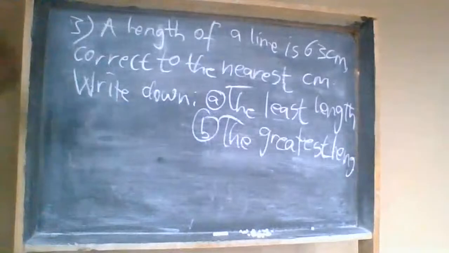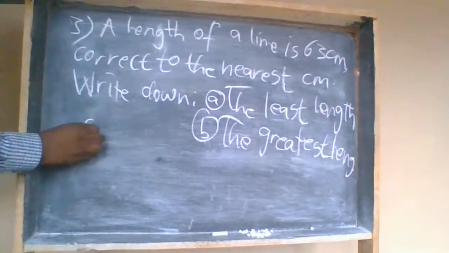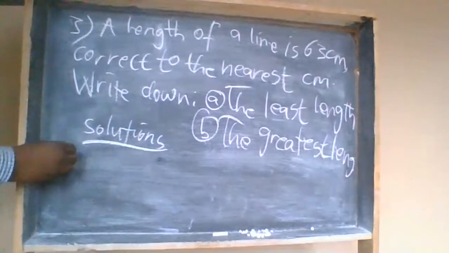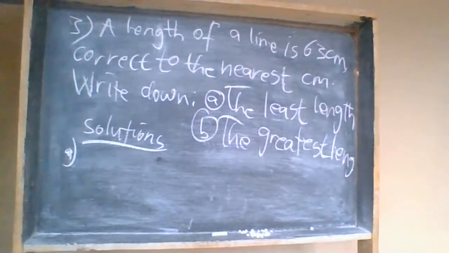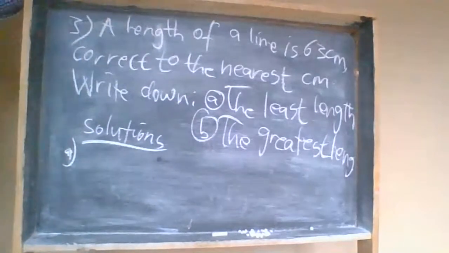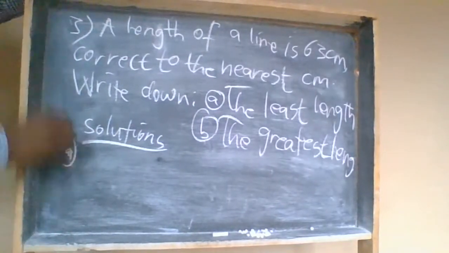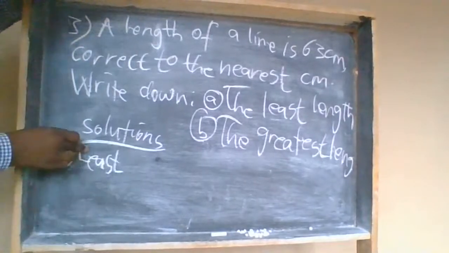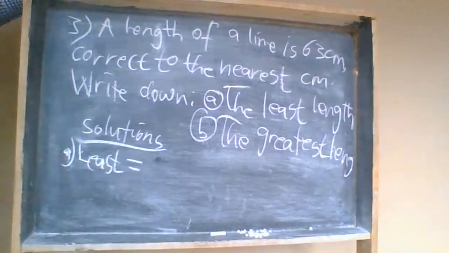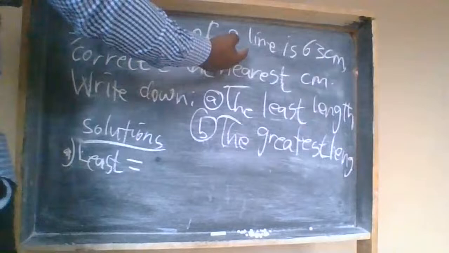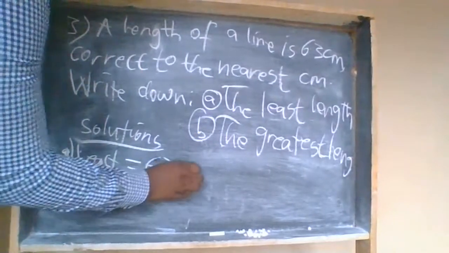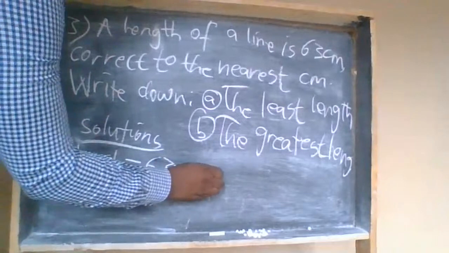Okay, so the solutions. A, to find the least length, we say the least length equals the centimeters given, 63, minus 0.5.